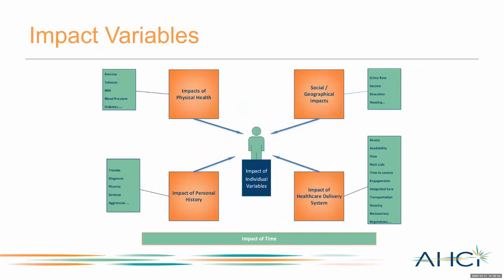These are the impact variables that we attempt to look at. It mirrors well with some of the slides that Dr. Prabhu mentioned, but we're really trying to do that kind of overused analogy of looking at the whole person.